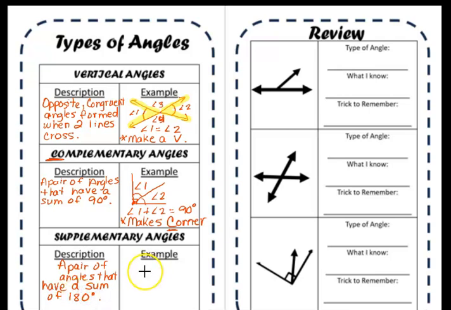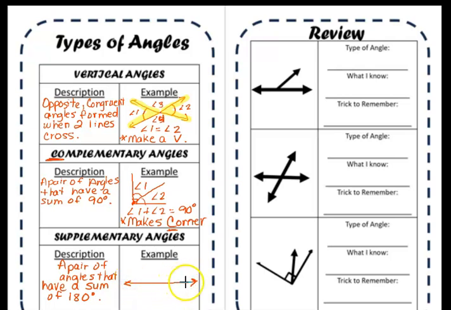Okay? All right. Now, 90 degrees is a right angle. So if we brought this down here, another 90 degrees would give me a straight line. And that's what a 180 degree angle is. We call it a straight angle or a straight line. So remember, we're pretending this is a straight line.